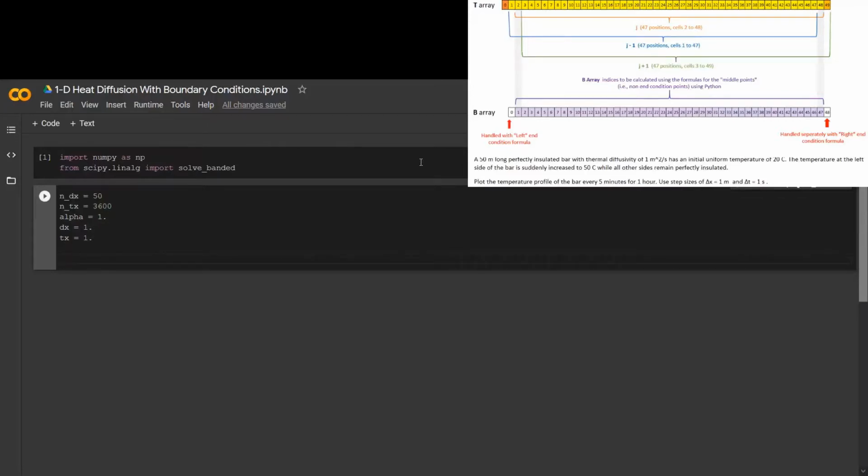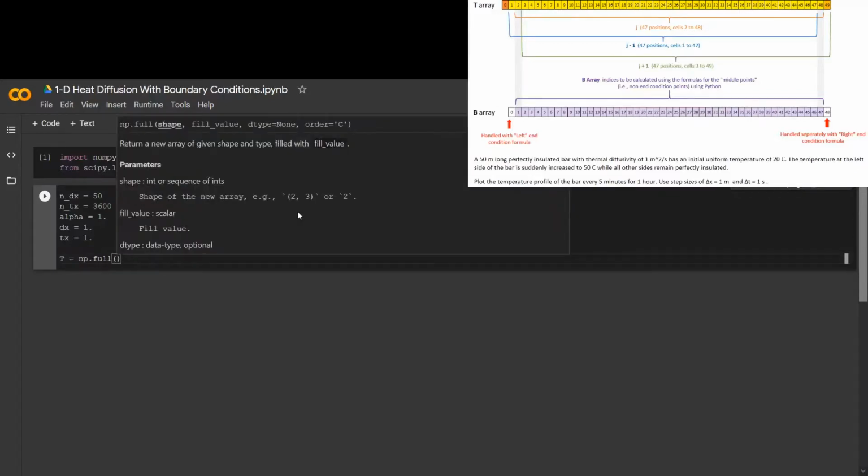So to do that, let's create a temperature array. Let me double check real quick if they're 20. Okay, I double checked that, and it looks like the initial temperature for most of the bar is 20.